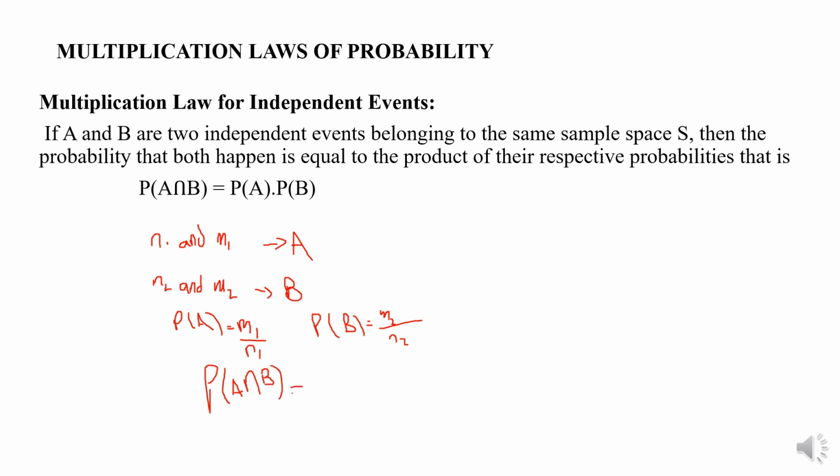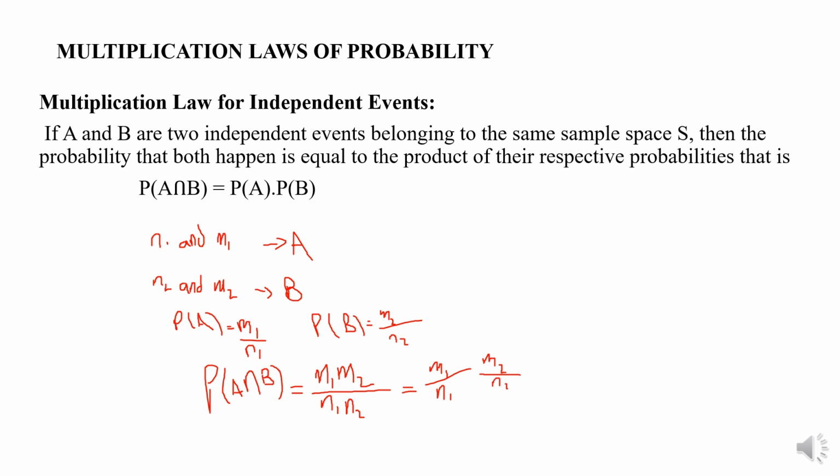So we can write it this way: probability of A intersection B equals M1 M2 whole divided by N1 N2, or we can write it as M1 by N1 and M2 by N2.